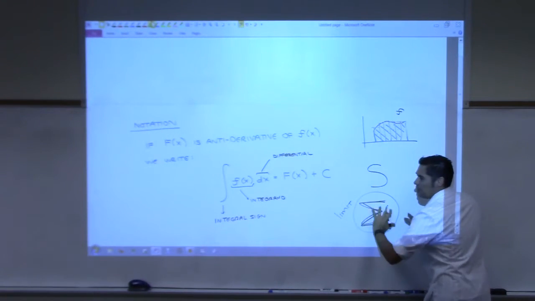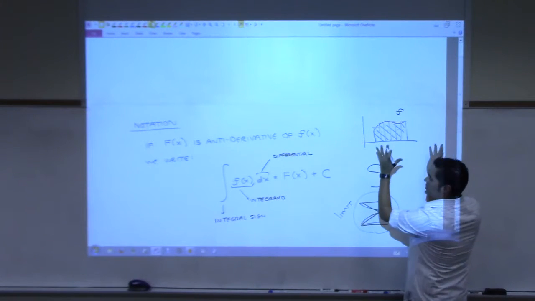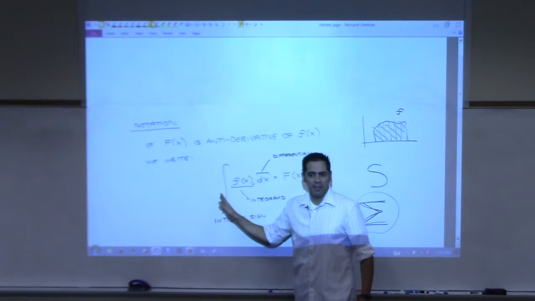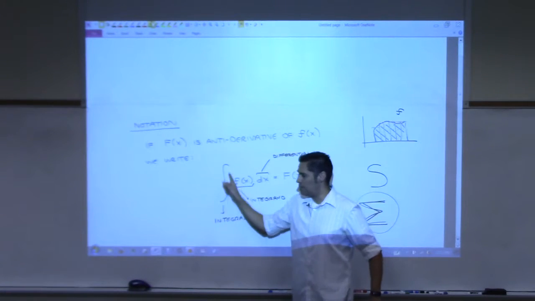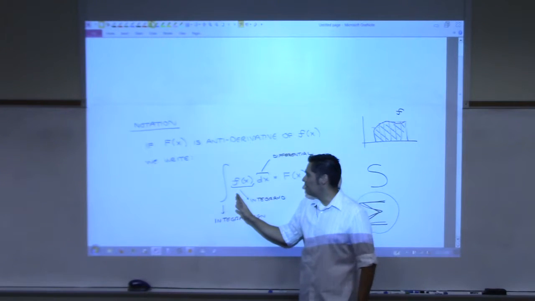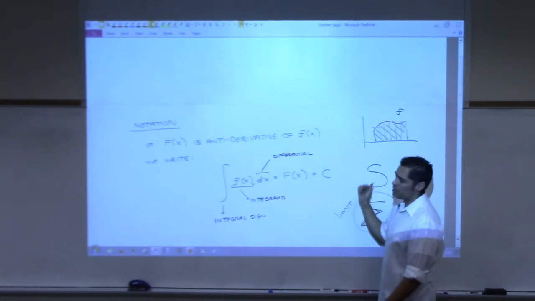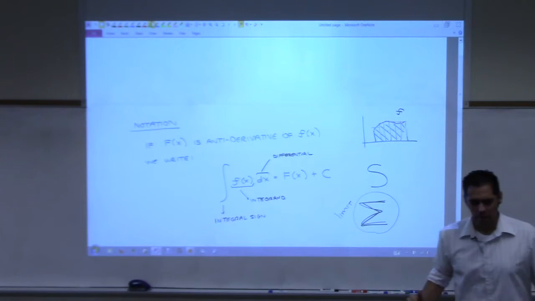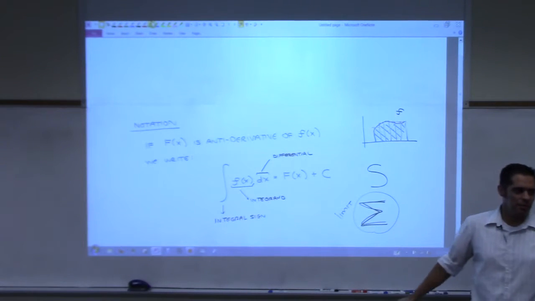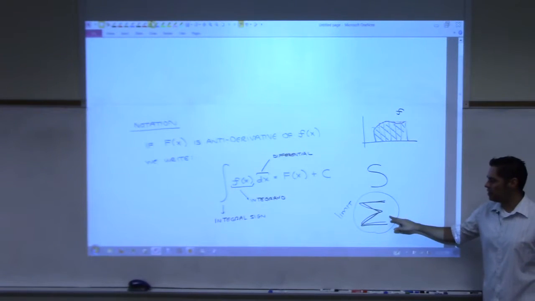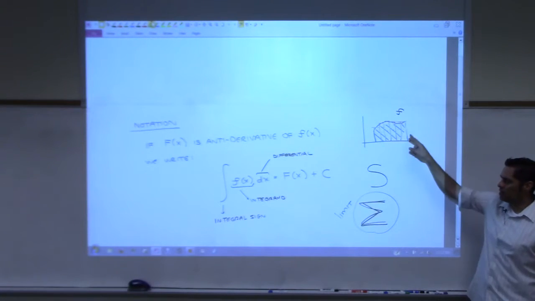I do a limit of this sum, meaning I let the number of rectangles go to infinity, and when I do that, I represent that limit of that sum with this symbol. And somehow later on, I'm not going to do it today, we will actually be able to find areas under curves very easily as long as we can find the antiderivative. Got it? Is that acceptable for you as far as why that symbol's there? It comes from the sigma notation, which comes from this idea.